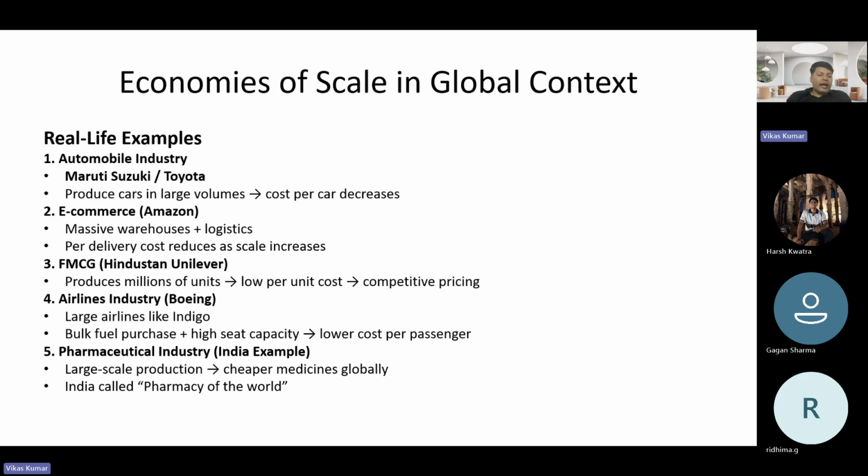When it comes to the airline industry, Boeing is there, Airbus is there, and there are airlines like Indigo or Tata. Large airlines like Indigo do bulk fuel purchase and have high seat capacity, and this leads to lower cost per passenger. When we talk about Boeing and Airbus, these are the two biggest firms.